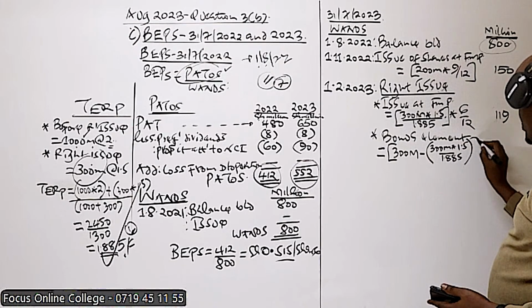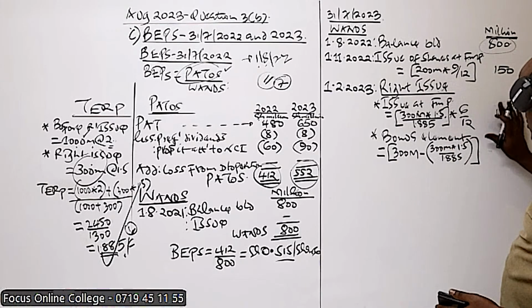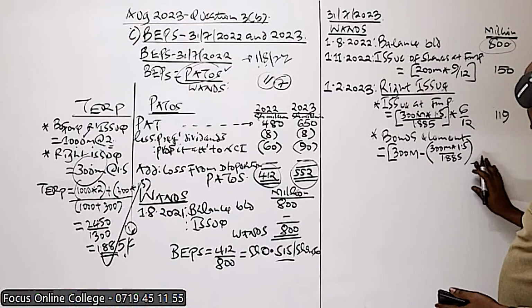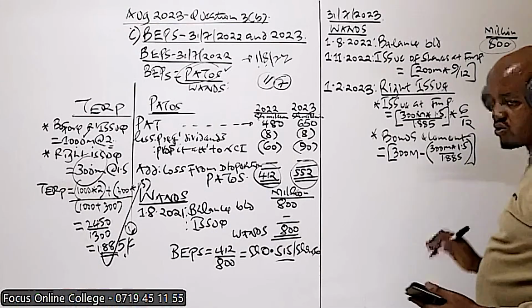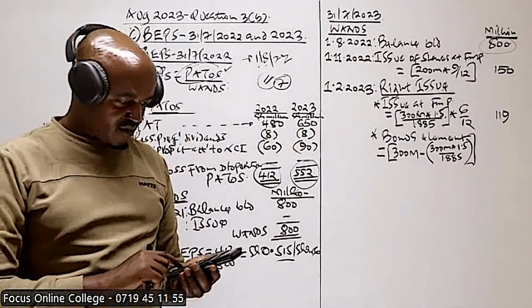I usually advise students to repeat what you have here. Majority of the students take this figure, which is basically wrong. You should take this before multiplying with the proportion of time, because the bonus element should not be weighted on a time basis.